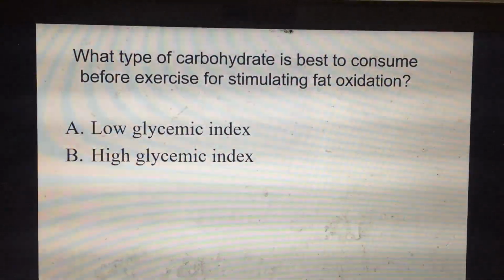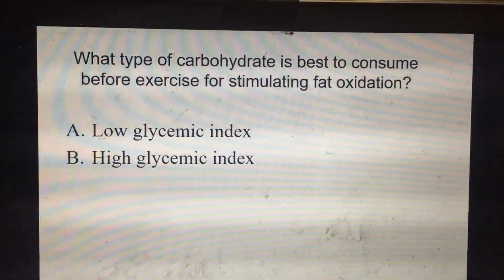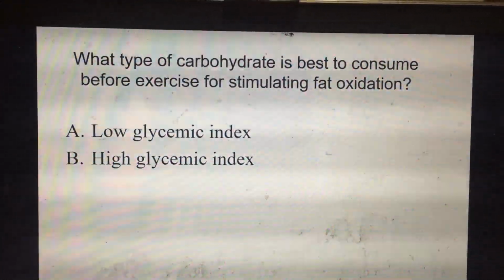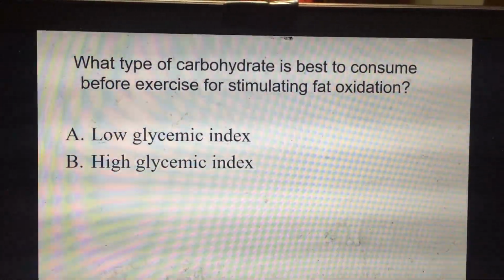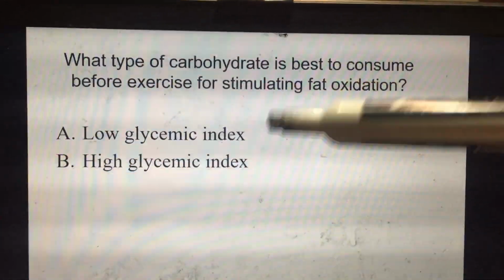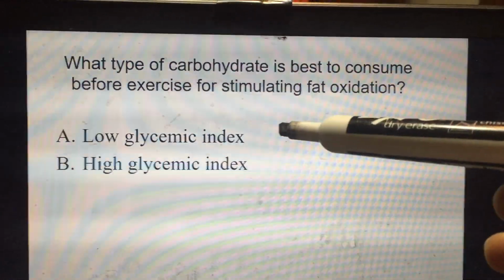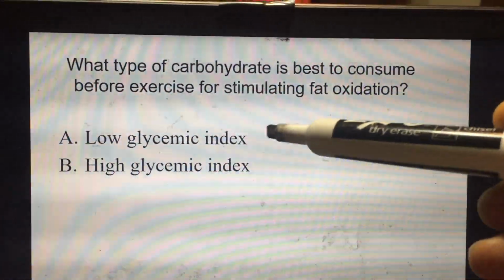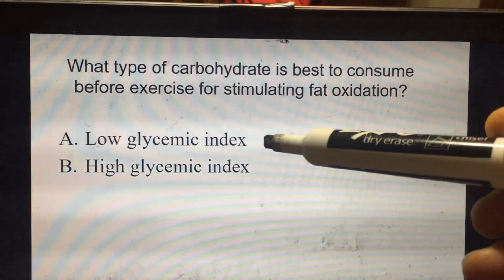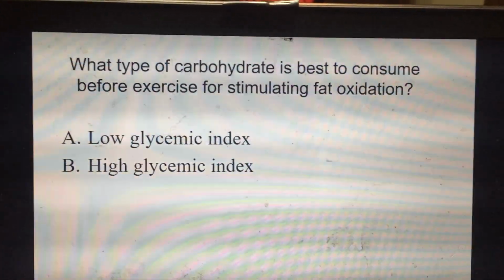That greater increase in glucose will result in more insulin being released into your blood from the pancreas, and insulin will inhibit your fat oxidation. So if you can consume a low glycemic index carbohydrate before exercise, it's better for stimulating fat oxidation because it will result in a lower insulin release, and insulin has an inhibitory effect on fat oxidation.